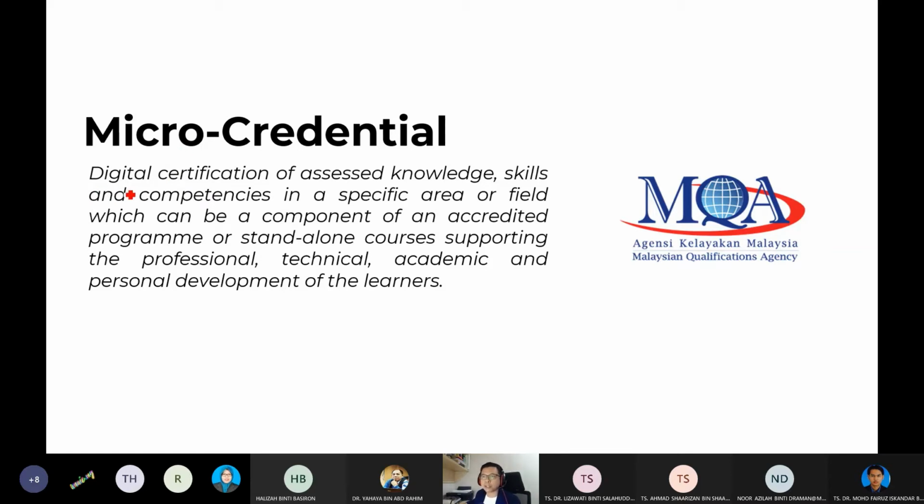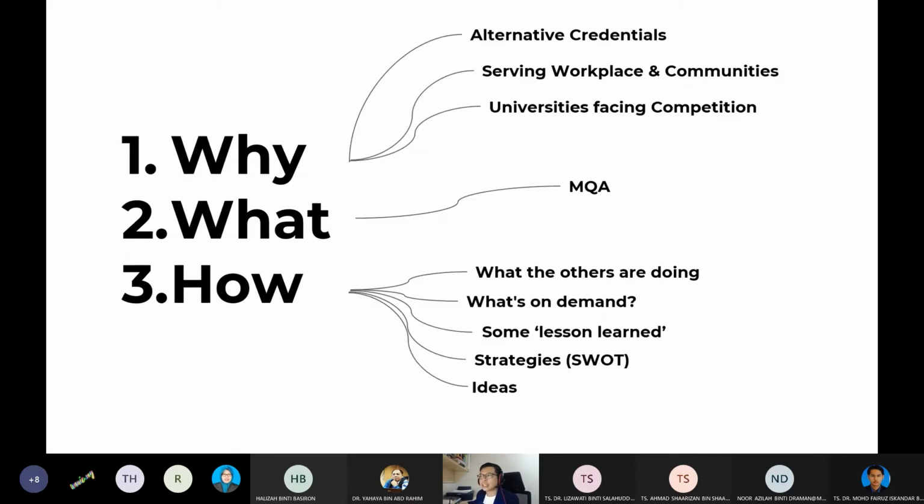It's pretty lengthy compared to the others. It is a digital certification of any knowledge, skills, or competencies in a specific field, which can be a component of an accredited program or a standalone course, supporting either professional, technical, academic, or personal development of the learners. This is how it is written verbatim in the latest MQA guidelines so far.